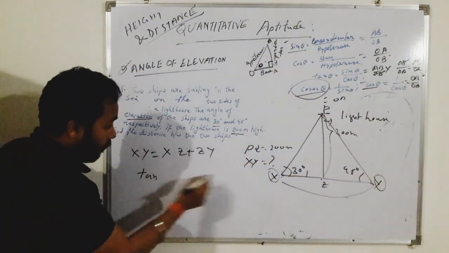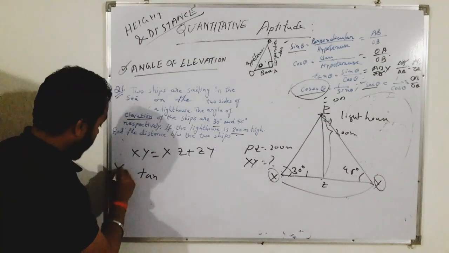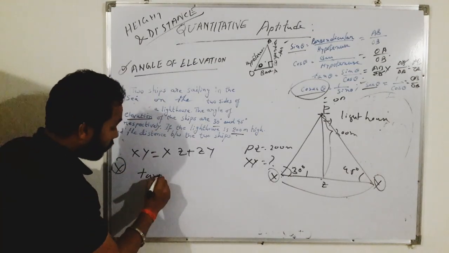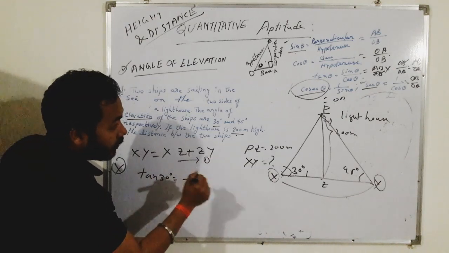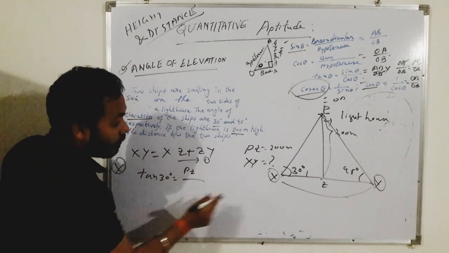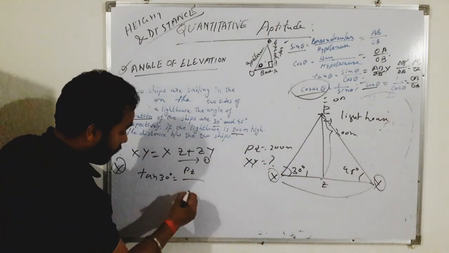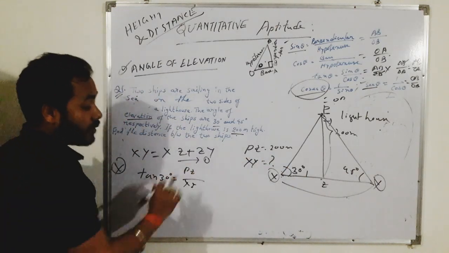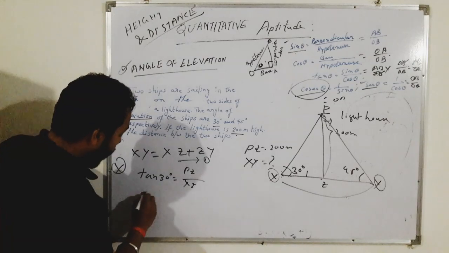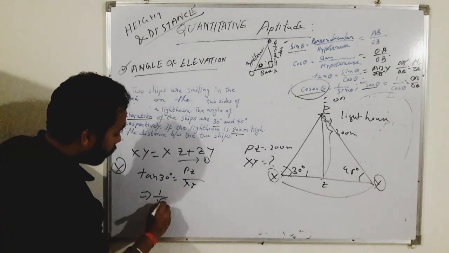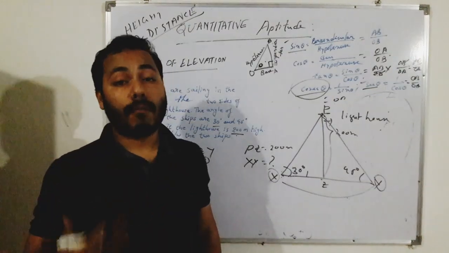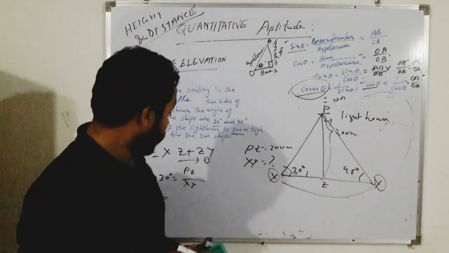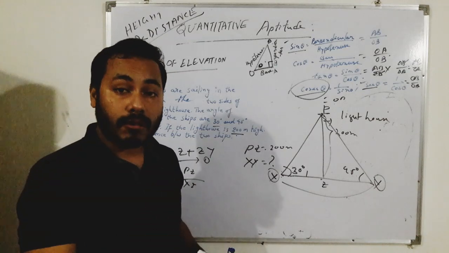So if I consider this with respect to X, tan of 30 degrees is PZ divided by XZ. XZ is the base, PZ is the perpendicular. And tan 30 degrees is 1 by root 3. As I have said, some values with respect to some particular angles you need to memorize. I am giving those important values in the description box below.